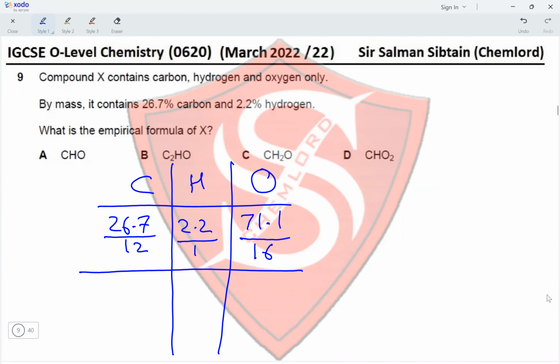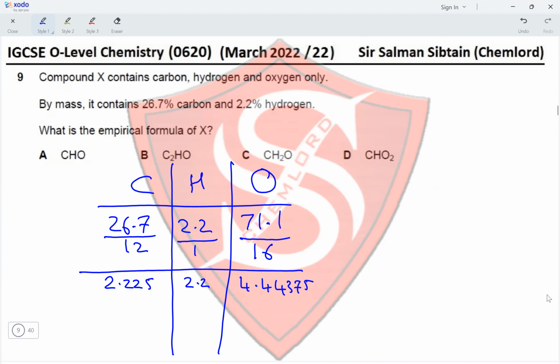So dividing 26.7 by 12 gives us a value of 2.225. Dividing 2.2 by 1 gives us a value of 2.2. And dividing 71.1 by 16 would give us a value of 4.44375.